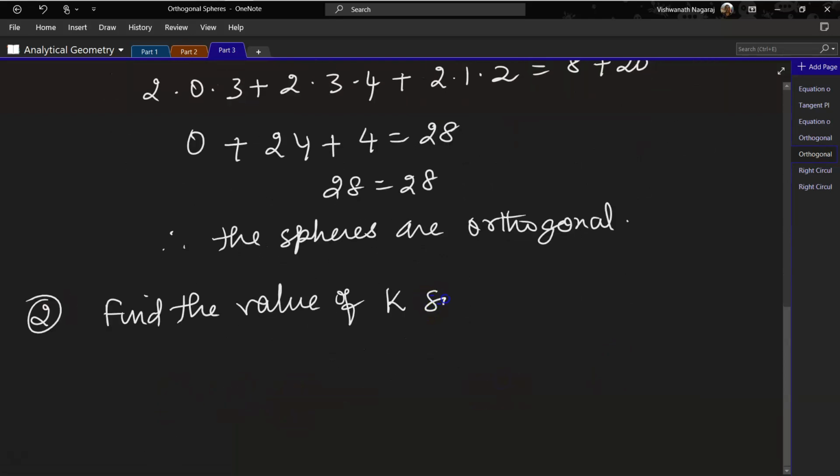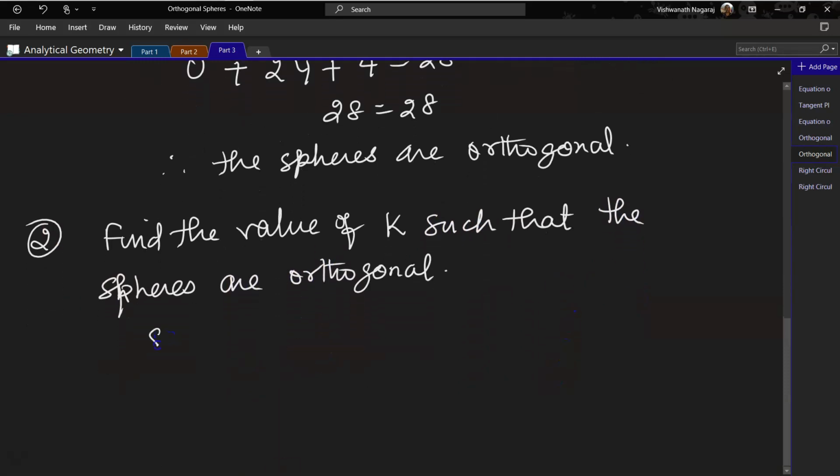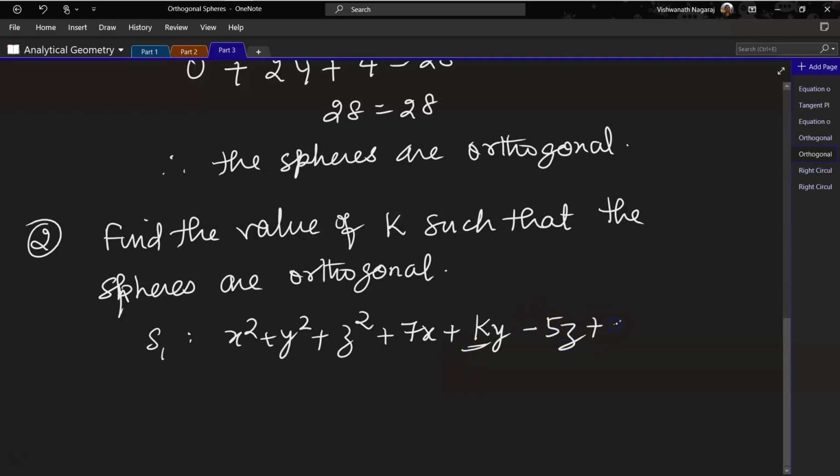Find the value of k such that the spheres are orthogonal. And the spheres are again S1: x square plus y square plus z square plus 7x plus ky, this is what we have to find, minus 5z plus 12 equal to 0.